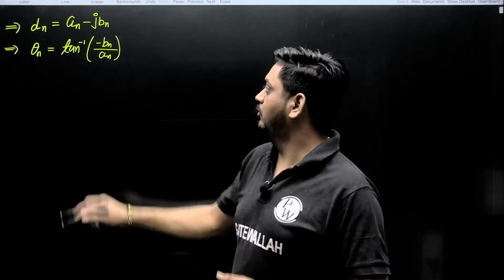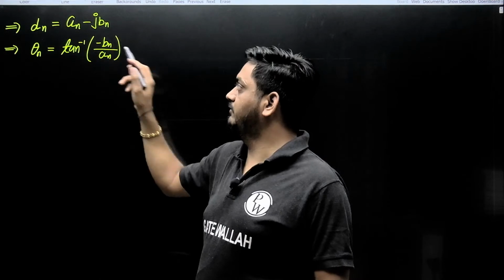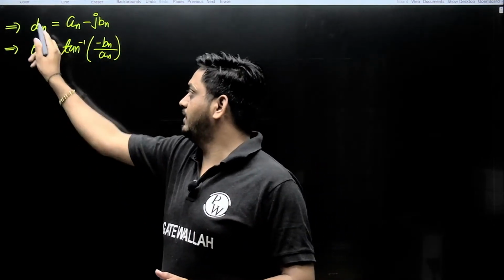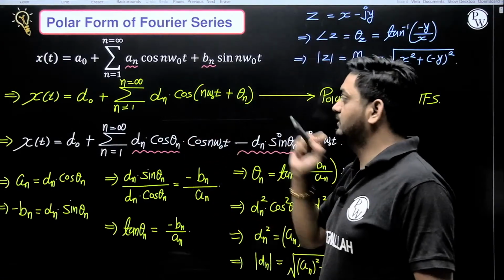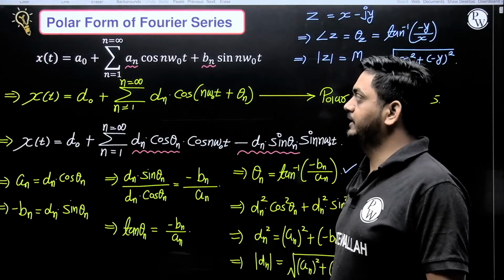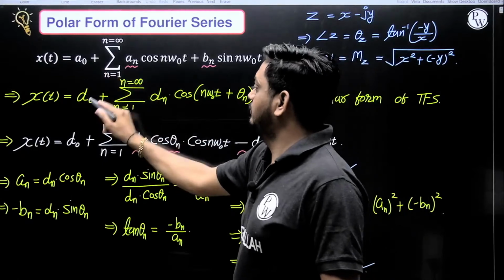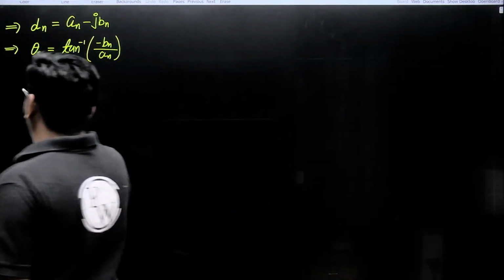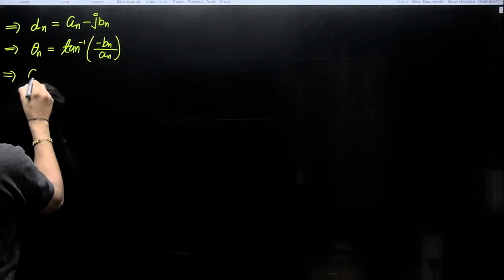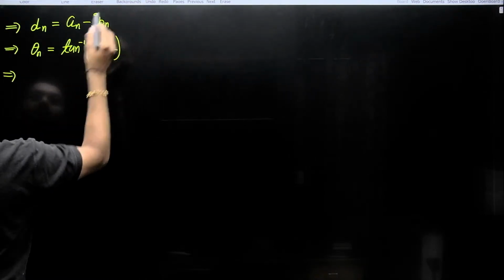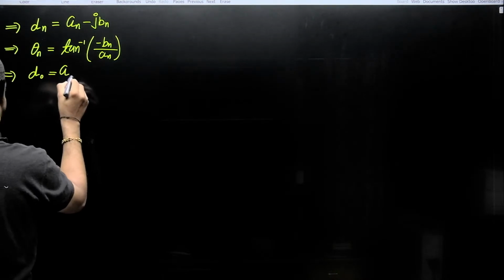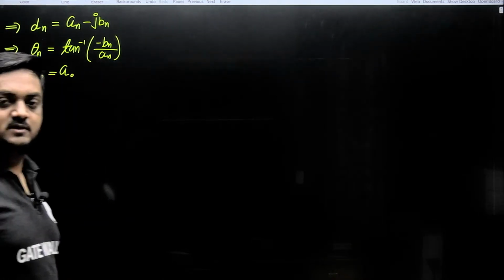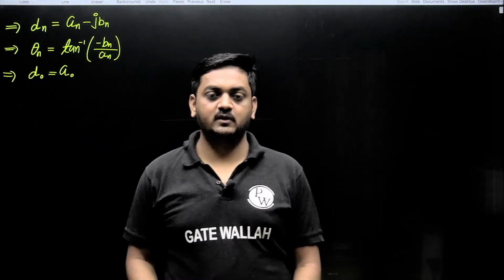Correct? If you have coefficients an and bn, with the help of an and bn you can find dn and theta n, and if you put the values of dn and theta n here, you get the polar form. And a0 is equal to d0, there is no difference.